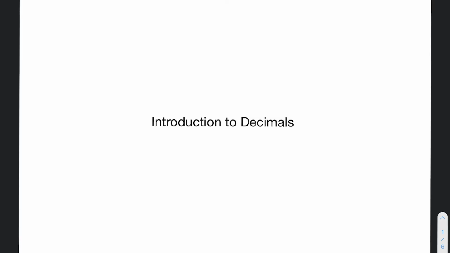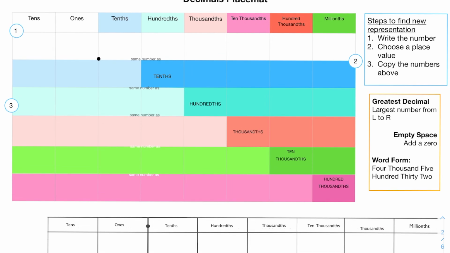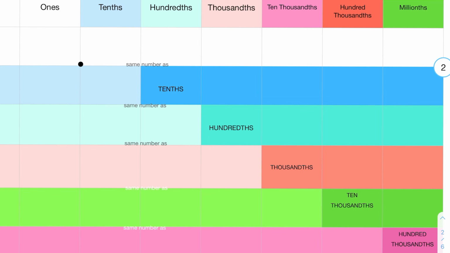Let's rename some of these decimals so it becomes easier for us to understand. All right, for my class, I've created this thing called a decimal placemat. We don't need to worry about all these bells and whistles and colors. Let's just figure out how to rename decimals. This is the only thing that we want to be concerned with. Now let's use some examples to understand how to rename these decimals.